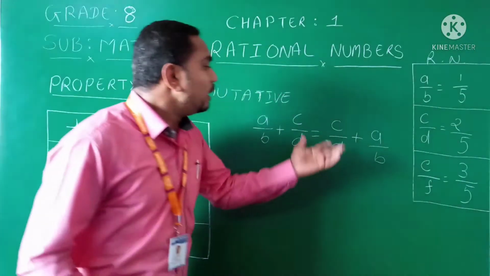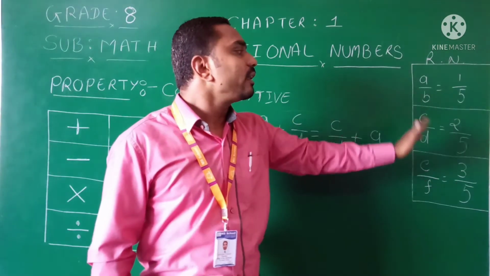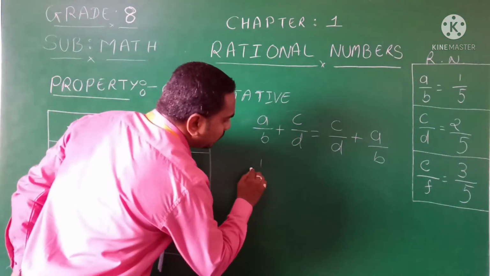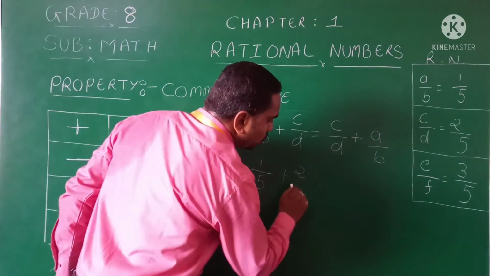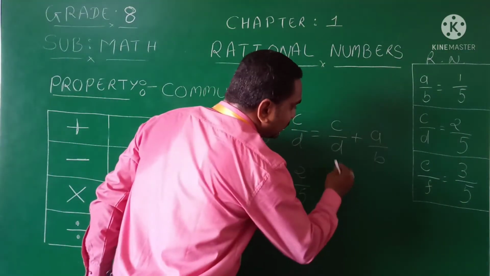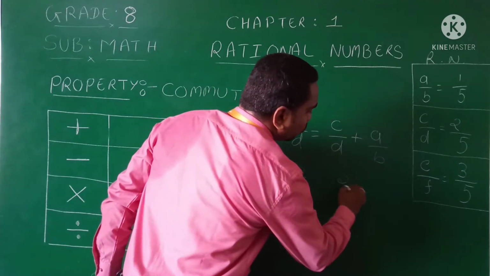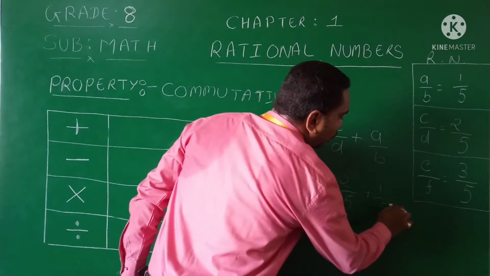So now let's take, here we already took the example that a upon b is equal to 1 upon 5, c upon d is equal to 2 upon 5. So let's apply 1 upon 5 plus 2 upon 5. Let's check is it same or not. So here we will say 2 upon 5 plus 1 upon 5.